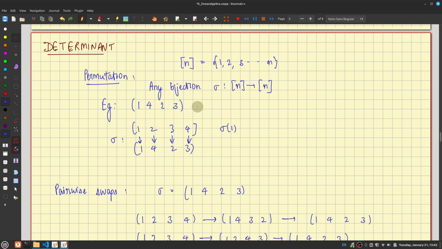So sigma of 1 is 1, sigma of 2 is 4, sigma of 3 is equal to 2, and sigma of 4 is equal to 3. It is a sequence, but it's not any sequence. All of these entries are going to be different, and it's just a shuffled version of 1, 2, 3 up to n. And it's a fixed length sequence. It's not an infinite sequence.